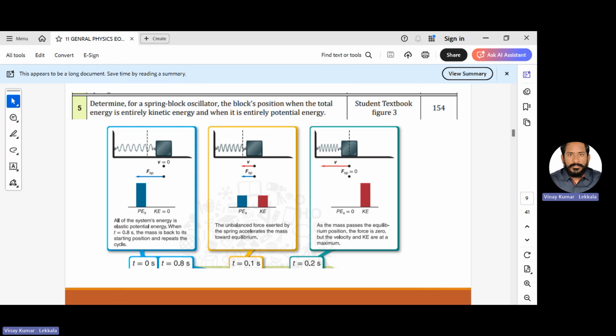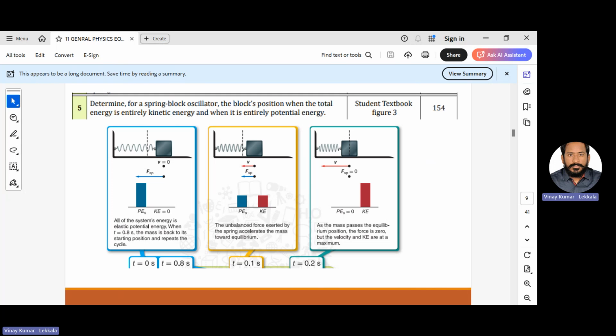Here they are showing the kinetic energy, at which place it has maximum kinetic energy and maximum potential energy, at the different positions shown here. When the object is at rest in this position, potential energy is maximum.